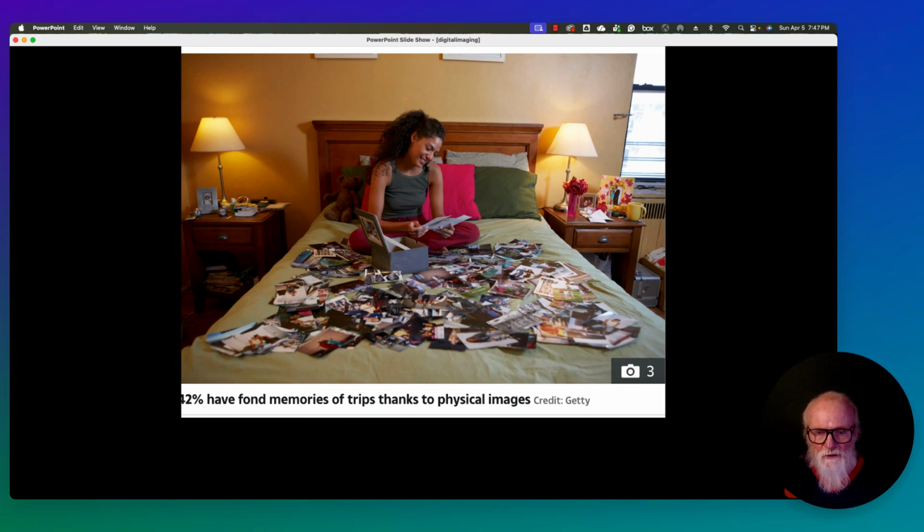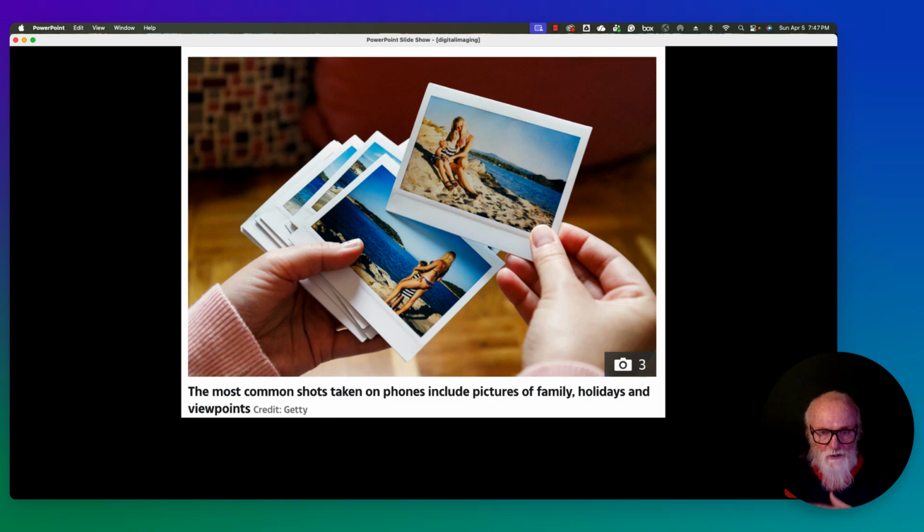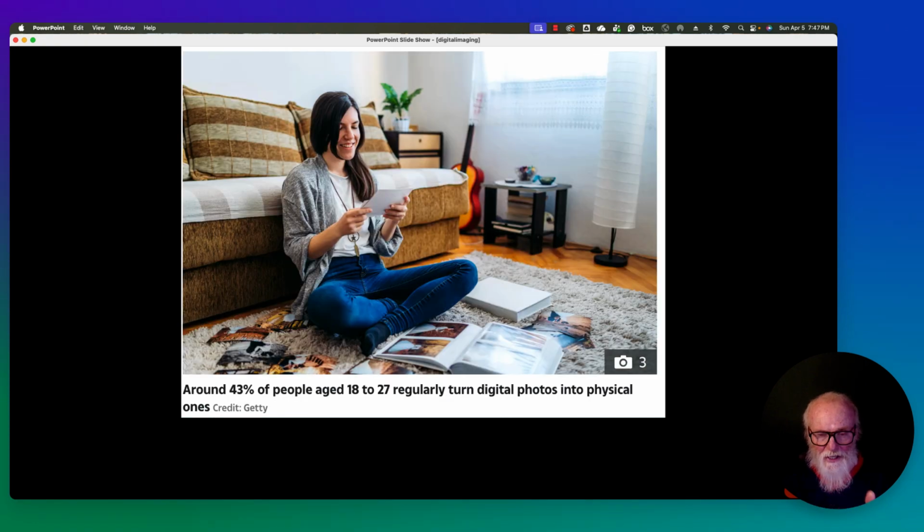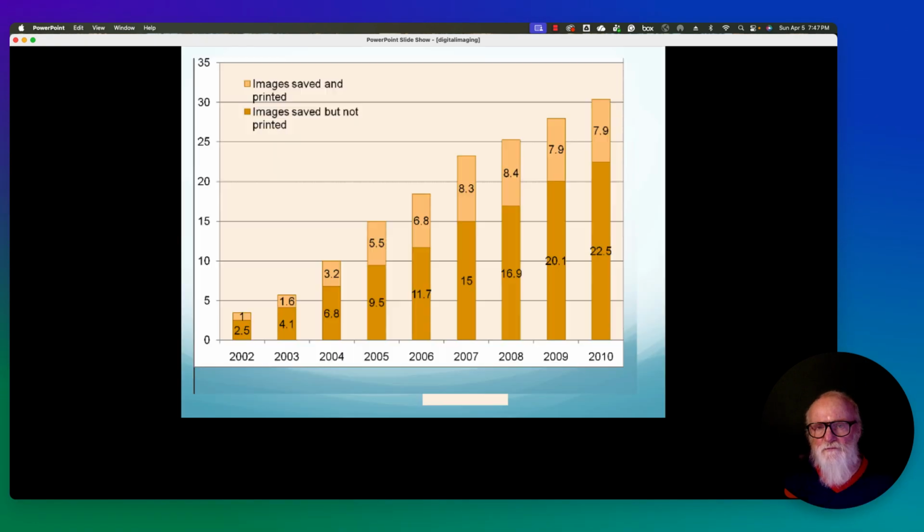In this case, the images of trips. There's another one, vacation and family, etc. Okay. And this is just an old graph showing you that the number of images being taken was increasing.